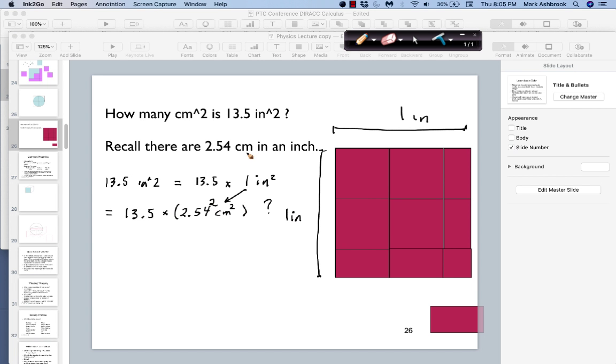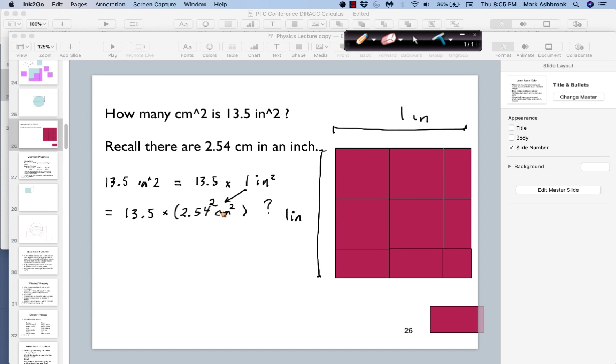So if there's 2.54 centimeters in an inch, then there's 2.54 squared centimeter squares in 1 inch square. And you can see that in the picture right there. If this is an inch square, then there's 2.54 centimeters this way by 2.54 centimeters this way. So we need 2.54 times 2.54, or 2.54 squared.